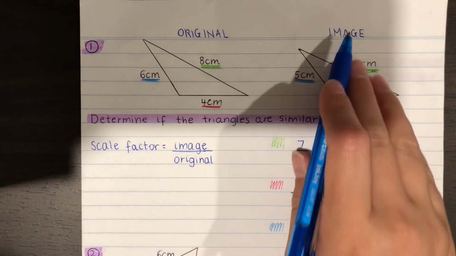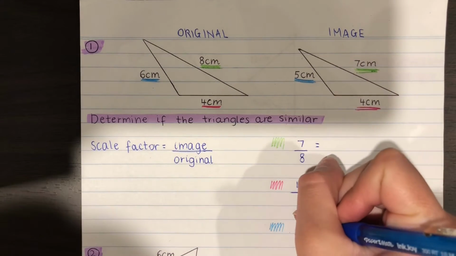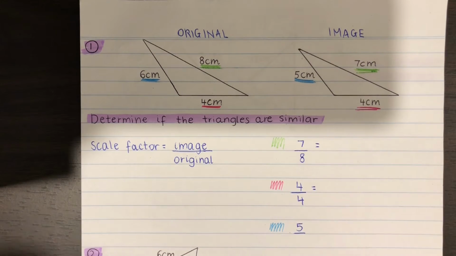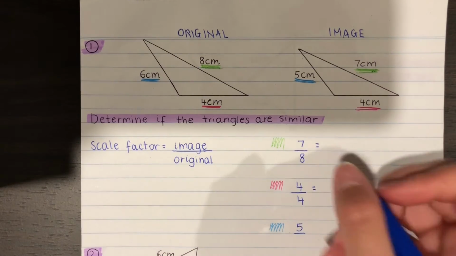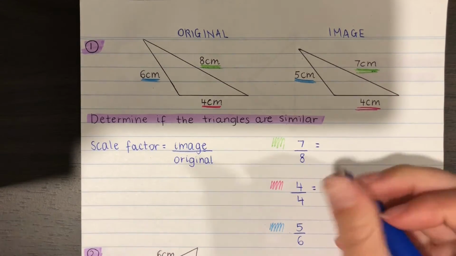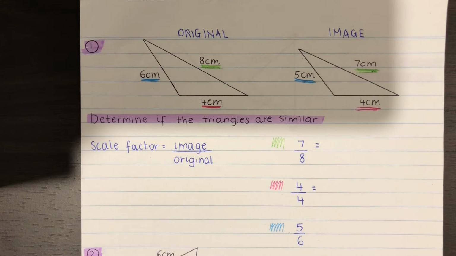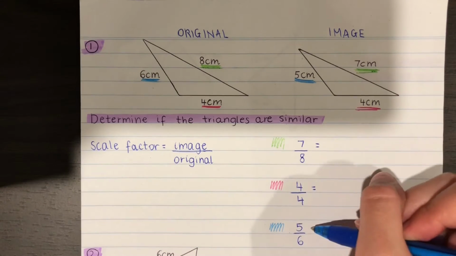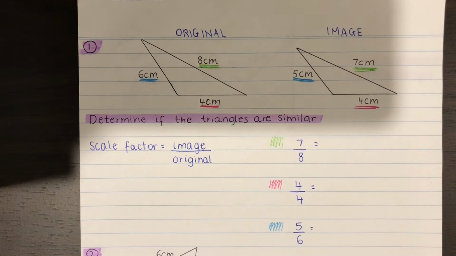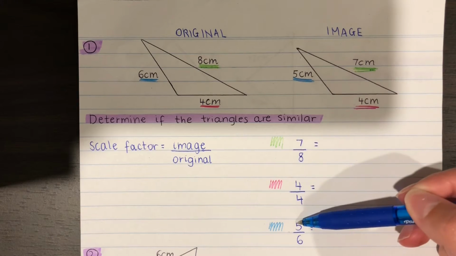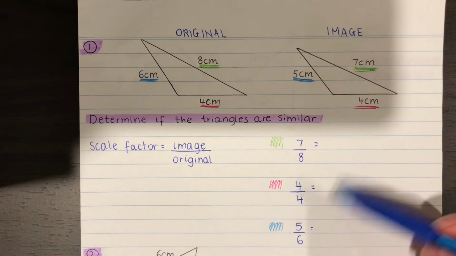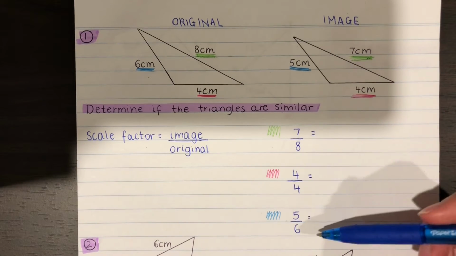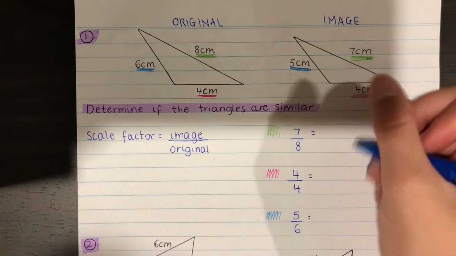Image blue, which is 5, and then original blue, which is 6. What we need to do now is find the answers for all of these, and make sure that the answer for all of these calculations, which is the scale factor, all equal the same number. Already you should see that 4 divided by 4 equals 1.